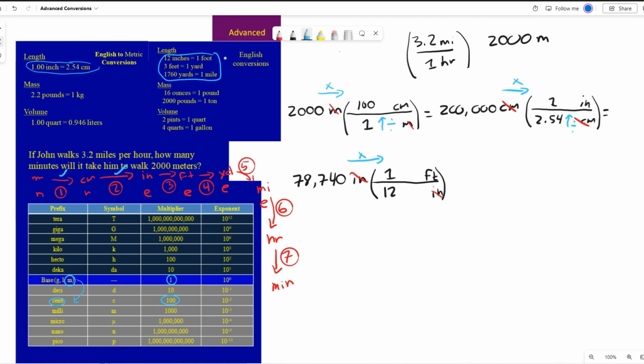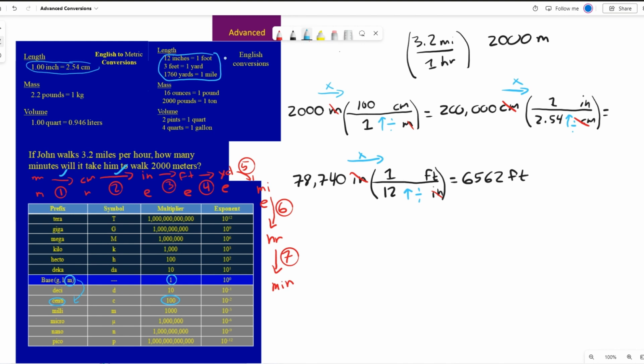We multiply across and divide up. And when we do that, we find that 78,740 times 1 divided by 12 gives us 6,562 feet.